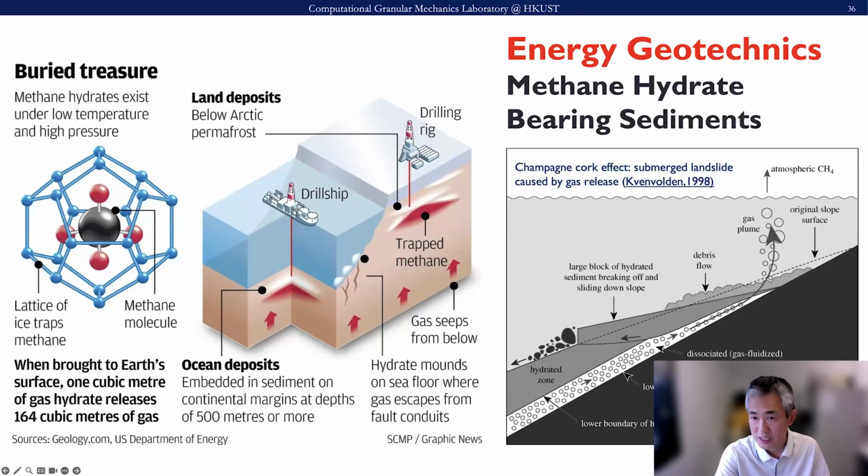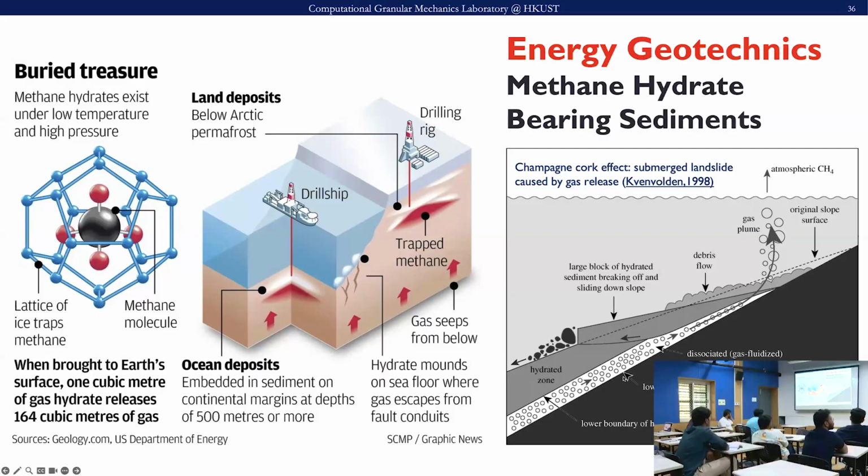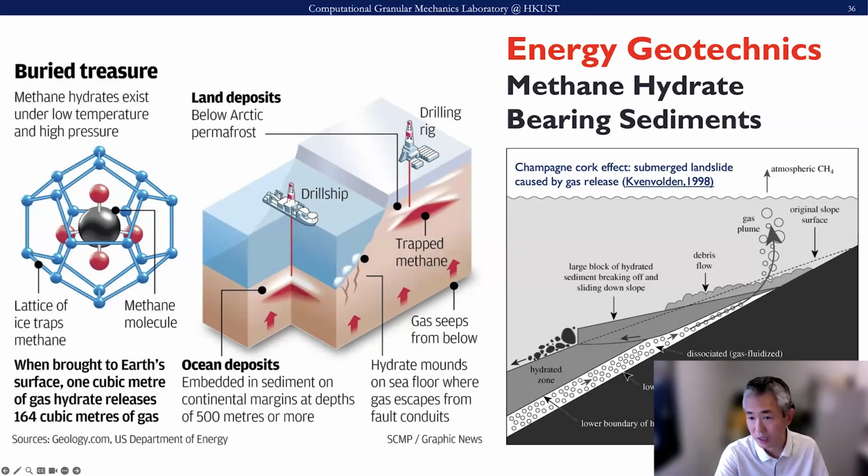In the deep seabed situation, methane hydrate is always present in the hydrate-bearing sediment. Once we want to extract it, or in natural settings when the temperature or pore pressure changes, the methane hydrate can turn from a stable solid state into a gas state.